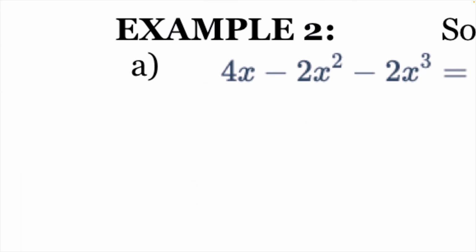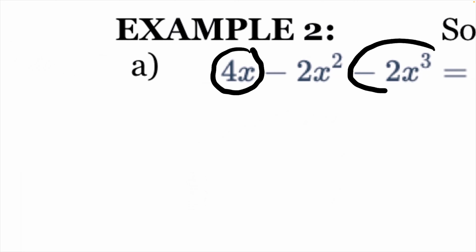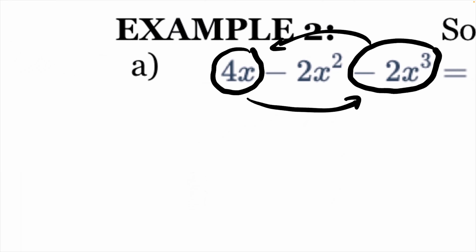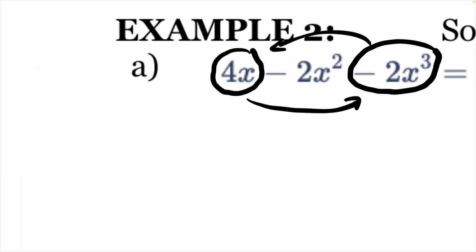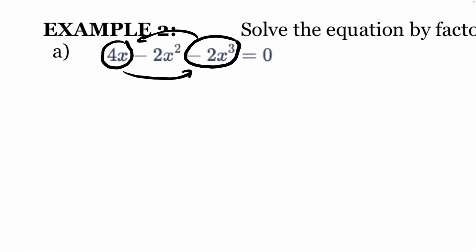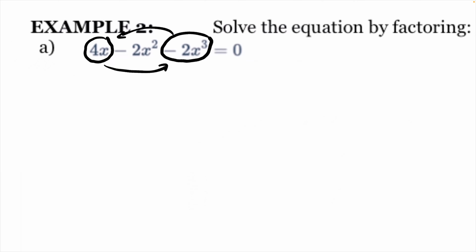First step. Does it need to be moved around? Do things need to be switched? Yep. This guy and this guy, again, they need to be in different places. This guy needs to be last. This guy needs to be first. So let's rewrite it.